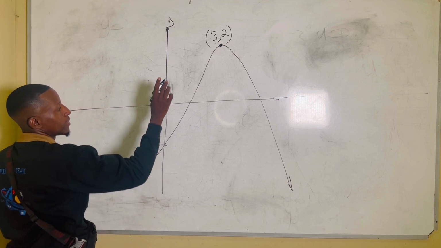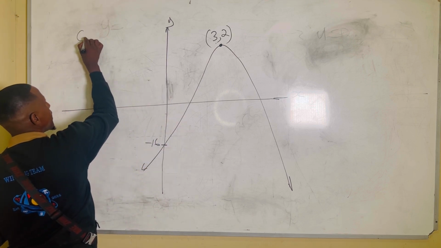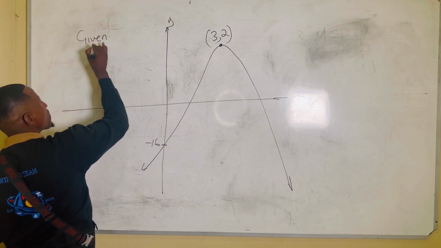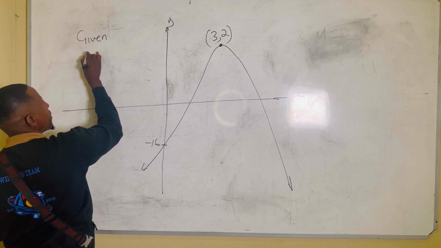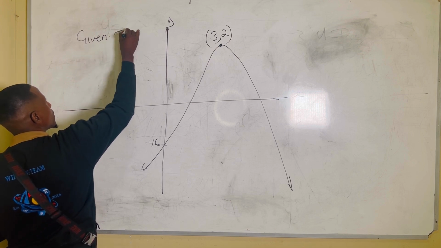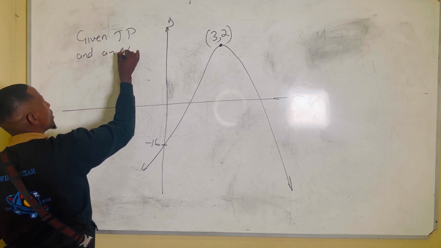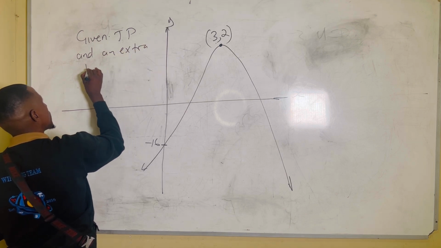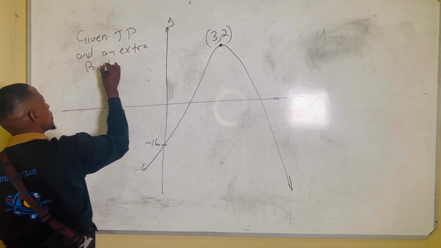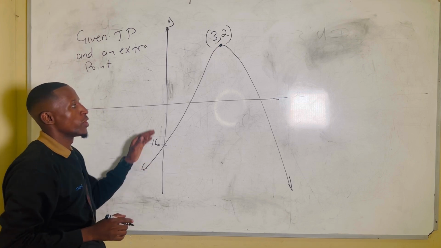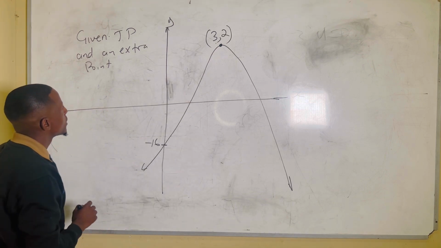So remember, in this situation you are given the turning point and an extra point. They want you to find the equation of this graph. So it depends.